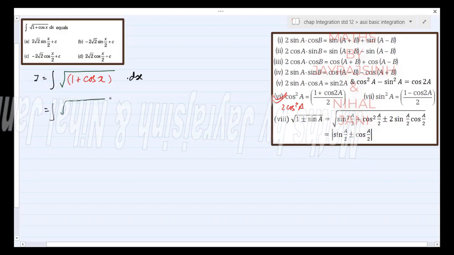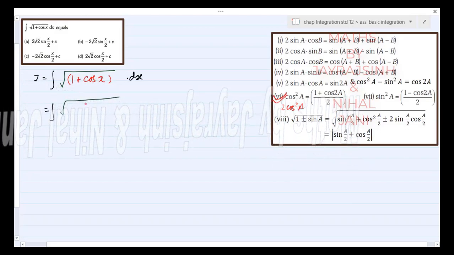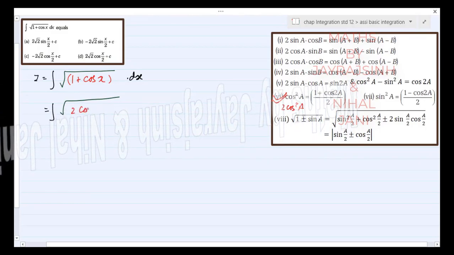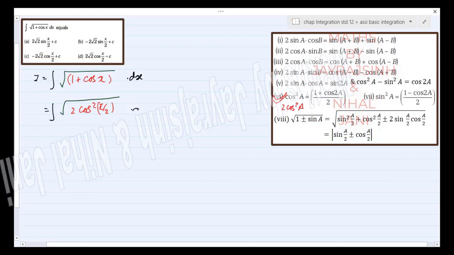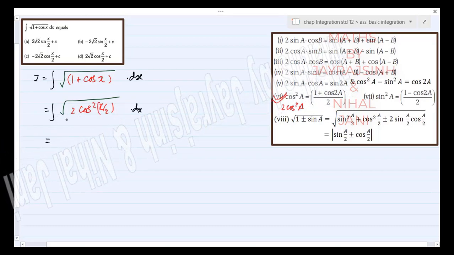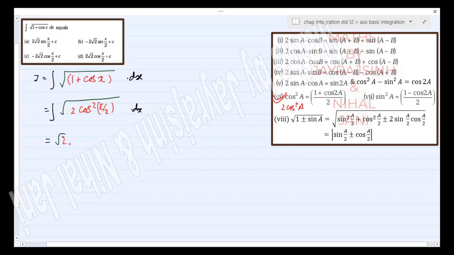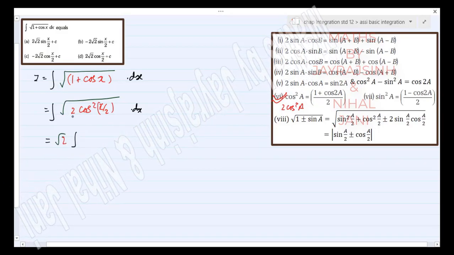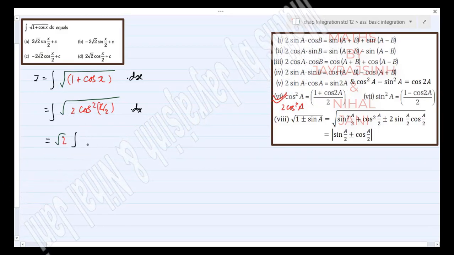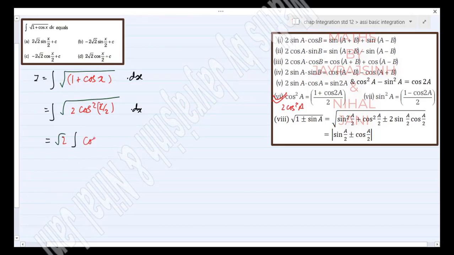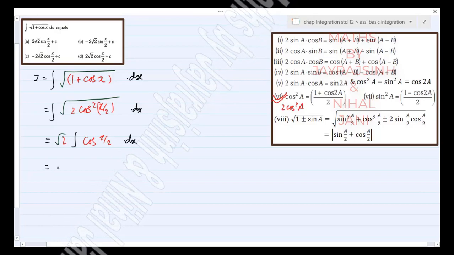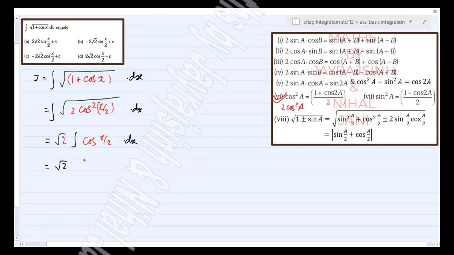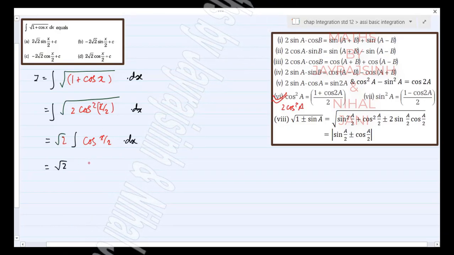Let's say under root is as it is, and 1 plus cos x is simply 2 times cos square half the angle, or we can say x by 2 dx. So here we can take root 2 common because it's a constant, and under root of cos square is simply cos x by 2 dx.